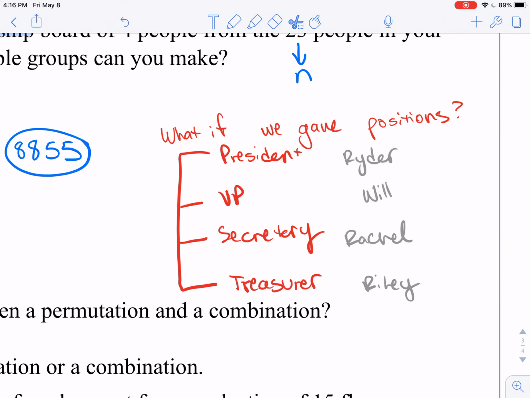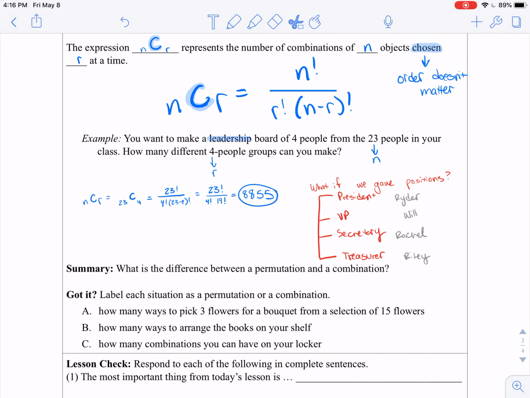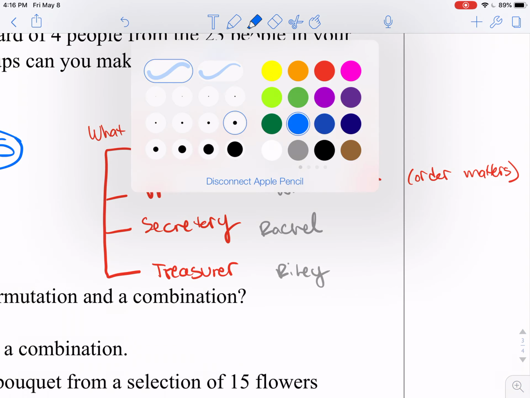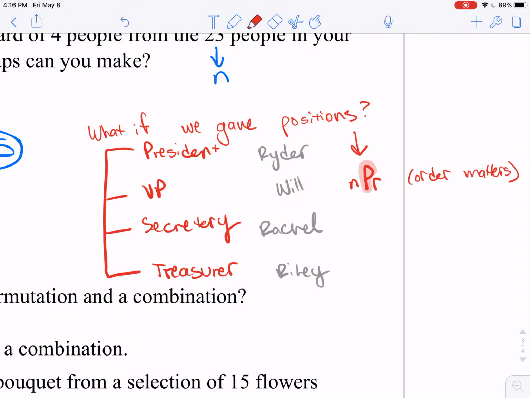So if we gave those positions, that's no longer a combination. That would be a permutation because order matters. Here we would want to do nPr because order matters. A permutation is all about arranging them in different positions.